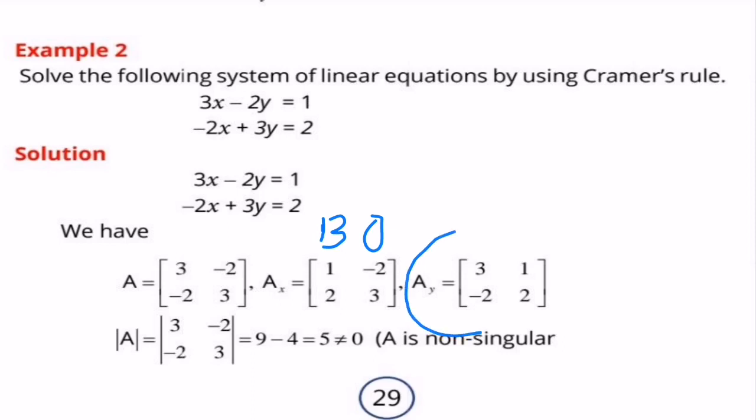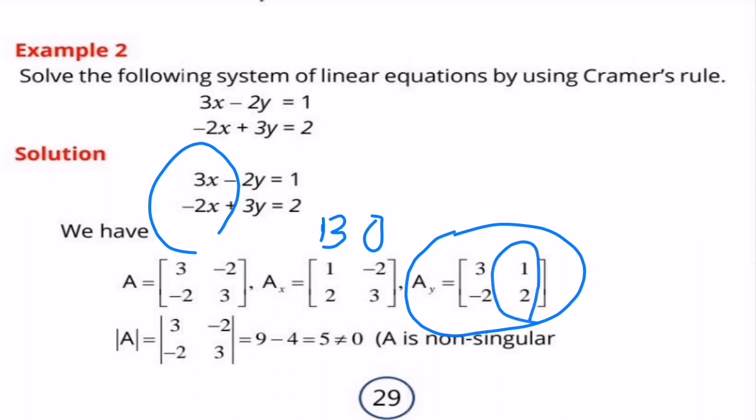And matrix AY: the first column will be the coefficients of X, 3, minus 2, and the second column will be matrix B, 1, 2.